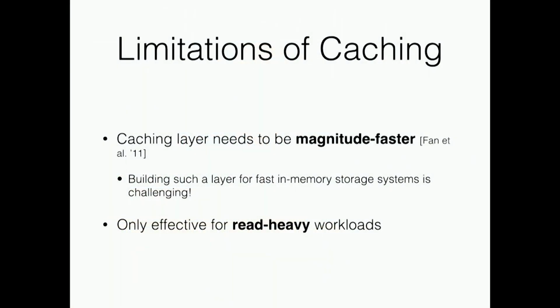There have been proposals using programmable switches as a caching layer, but that approach also has several limitations, like the limited space on the switch, which limits the key and value size of your requests. And second, a fundamental limitation of a caching approach is that it is only effective for read-heavy workloads, because writes still need to be processed by the backend storage system, and it incurs additional cache invalidation traffic.